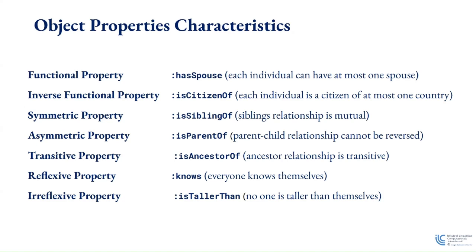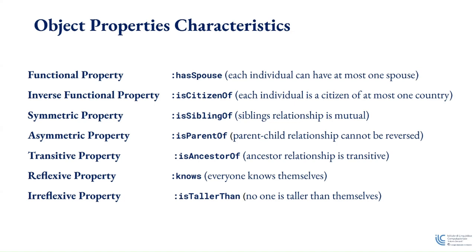Asymmetric means that if A is linked by means of a property to B, B is not linked by means of the same property to A. It cannot be reversed. Like is citizen of: I am a citizen of Heraklion, but Heraklion cannot be a citizen of me. So it is also asymmetric.